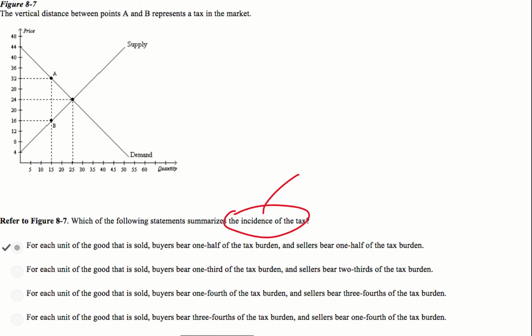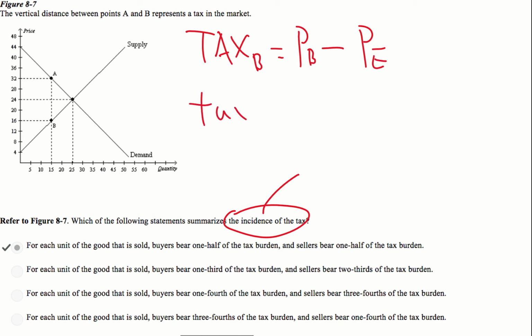All right, so to find the tax burden on the graph over here, first, the tax on the buyer equals the buyer price minus the equilibrium price, and the tax on the seller equals the equilibrium price minus the seller price. All right, so right here is our buyer price.